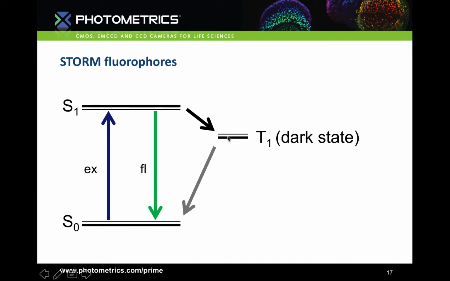Here it looks for oxygen free radicals to bind with, which take the fluorophore back down to the S0 state, and it'll be bleached. But in an oxygen-starved environment, like standard STORM buffers, the fluorophore will be trapped in the dark state and can be periodically activated again to emit light, essentially blinking. So as long as there is no oxygen around to bleach it, it can keep on going.